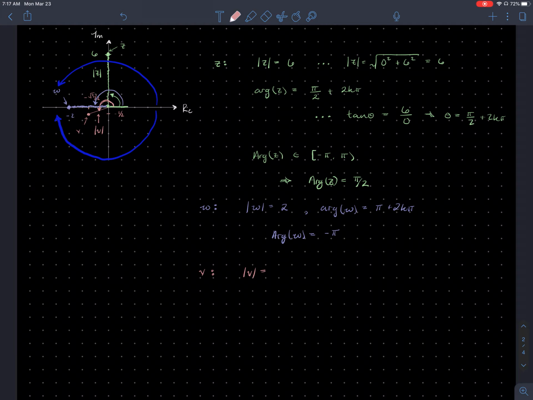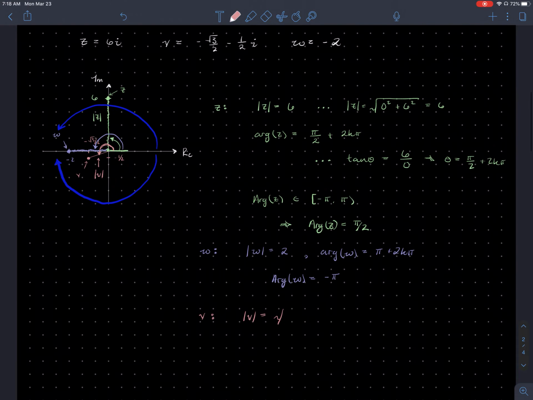So our modulus of our complex number v is going to be the square root of our real component squared plus our imaginary component squared.